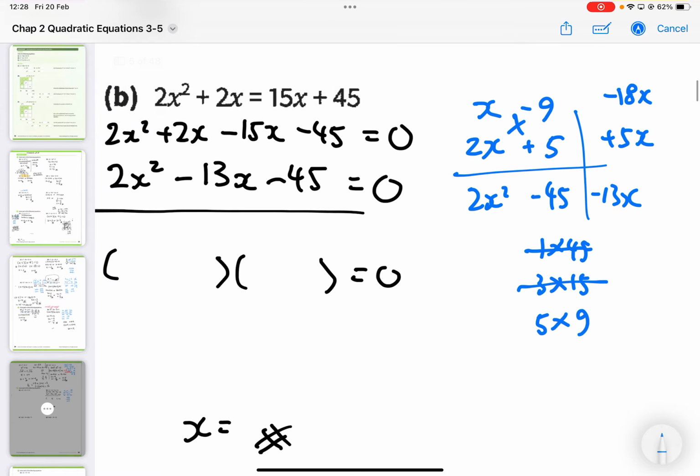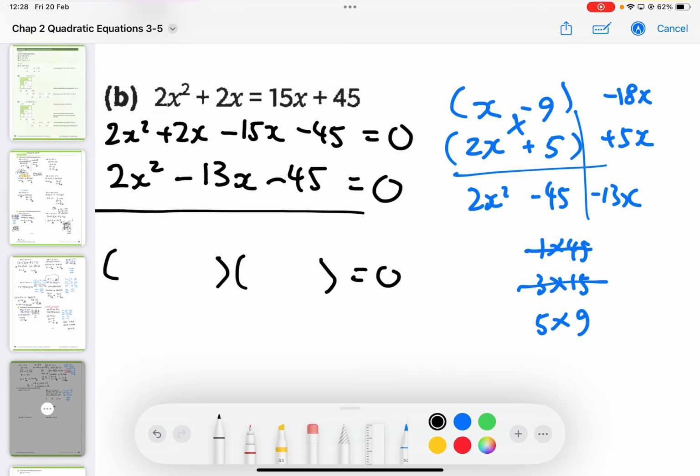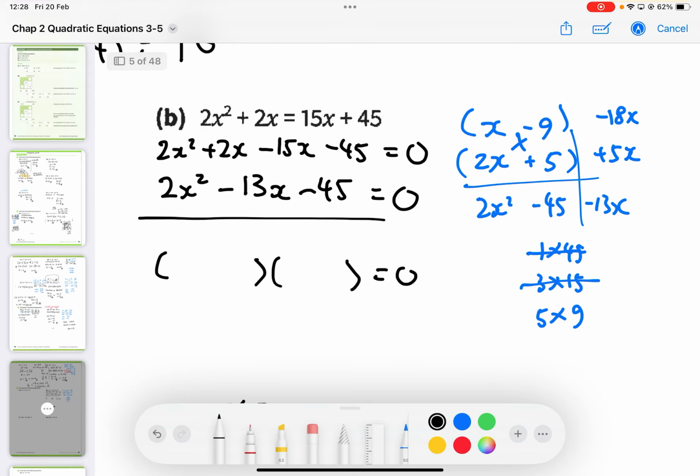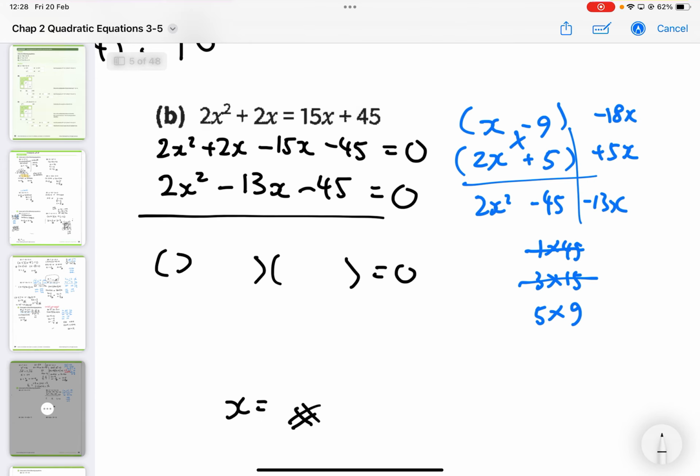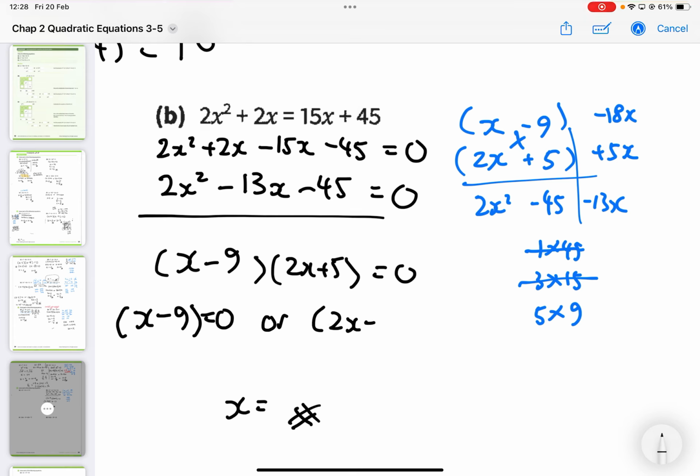Then I will have my 2 brackets. Then I can put them here: x minus 9, 2x plus 5. Once I can reach this step, either first bracket 0 or second bracket 0. X minus 9 is 0, or second bracket 0.